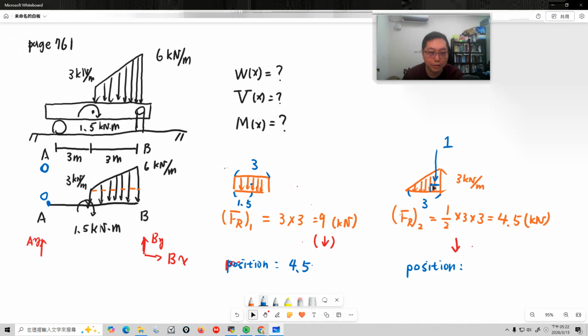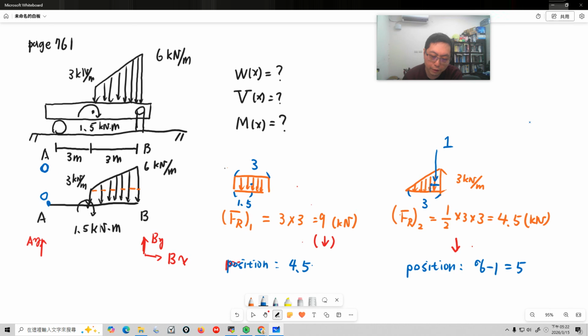You have to memorize this. So the distance here is 1, and the position is 6 minus 1, which is equal to 5. Let me check. Yes, it's right.